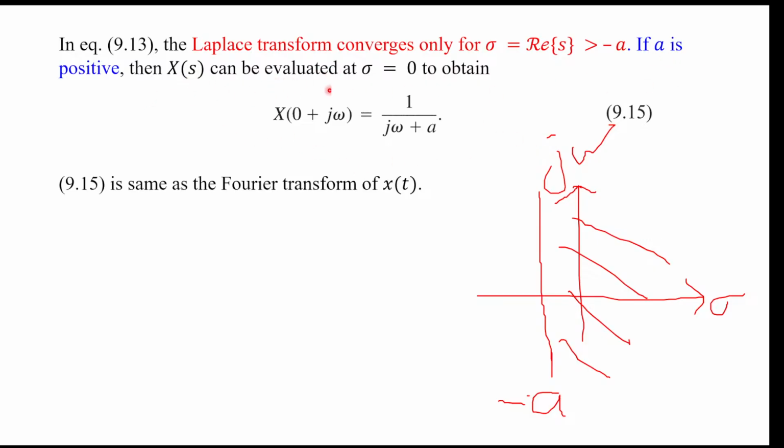If a is positive, then the j omega line, which is sigma equal to 0 in the complex plane, is inside this region of convergence. When sigma equals 0, we have big X of 0 plus j omega equal to 1 over j omega plus a, so they check out as the Fourier transform.